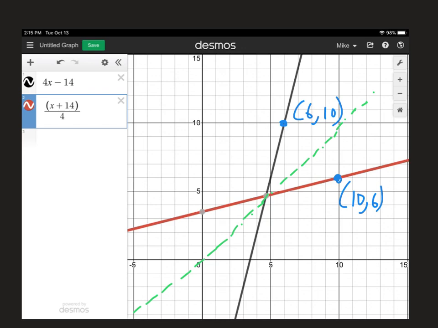If you were to fold the paper on the green line, which is y equals x, these things would line up with each other. That's why the x and y can switch spots, because it's a reflection over y equals x. So that's a graphical representation. Make sure at the end of this you are able to find the inverse of a function.